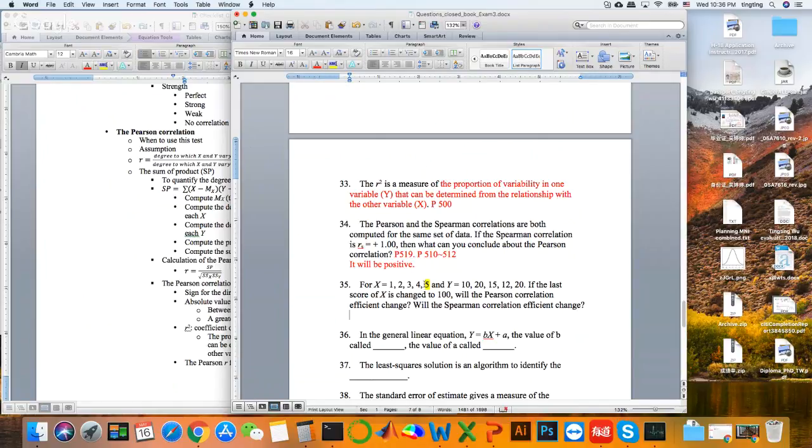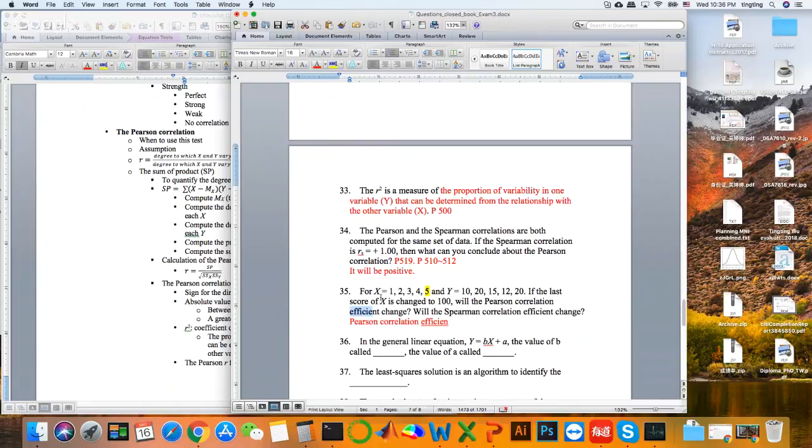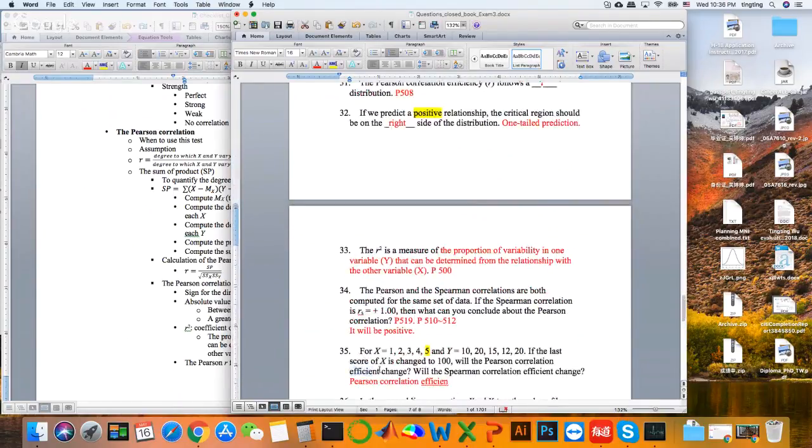So if we change the 5 to 100 and the variability increases, the Pearson correlation coefficient will change because we change the variability of the data.